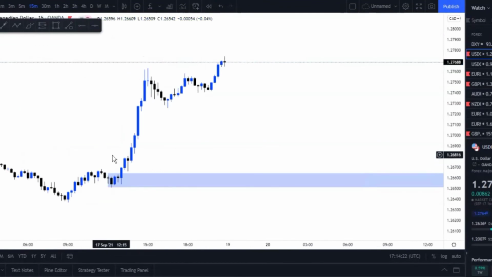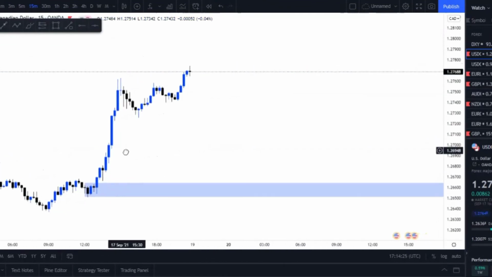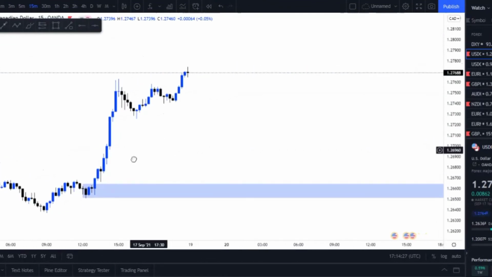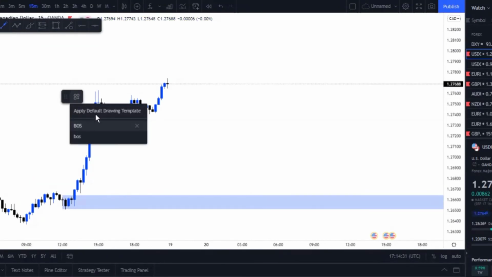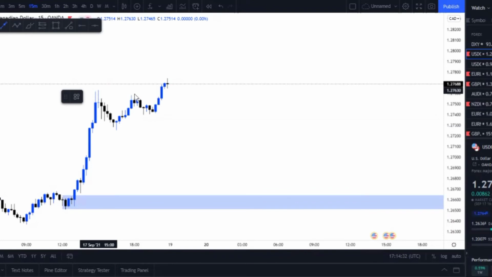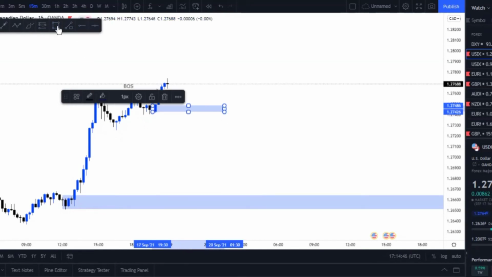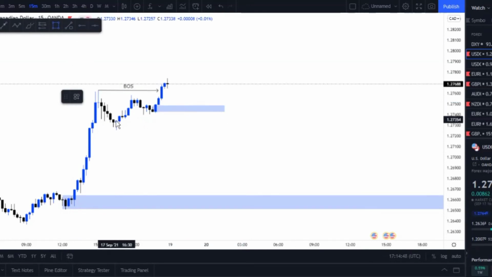Go to the 15 minute. All right, perfect. This is a picture perfect break of structure. And where's the last down move? This is where the last down move is. You can use this, and you can also use this.